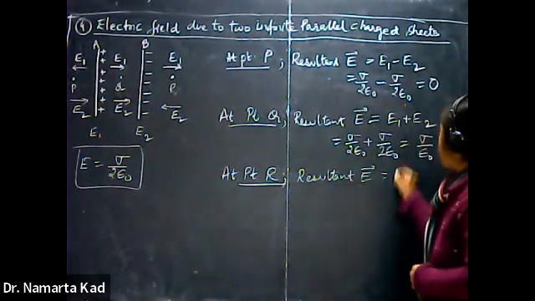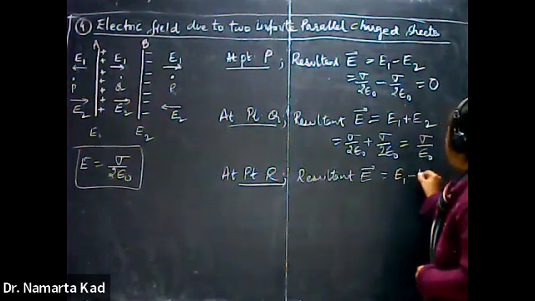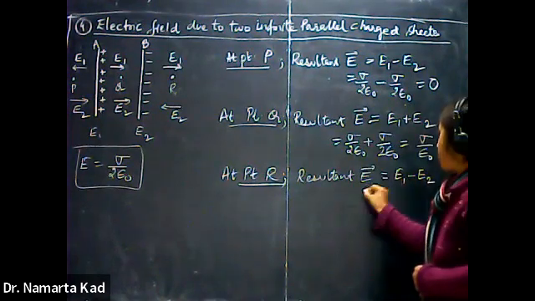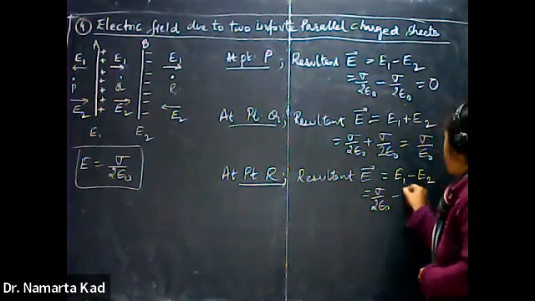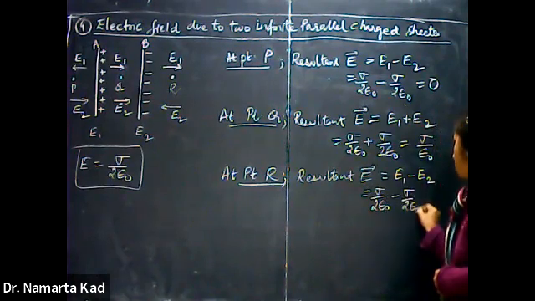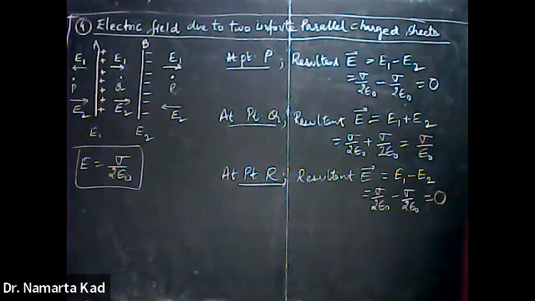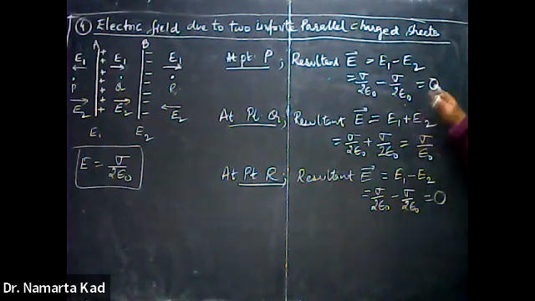So here also it comes out to be E1 minus E2, which equals sigma by 2 epsilon naught minus sigma by 2 epsilon naught, equals 0. So what do we conclude from these three results?